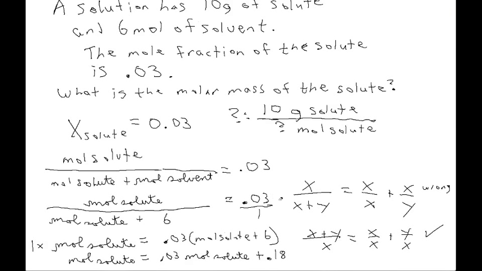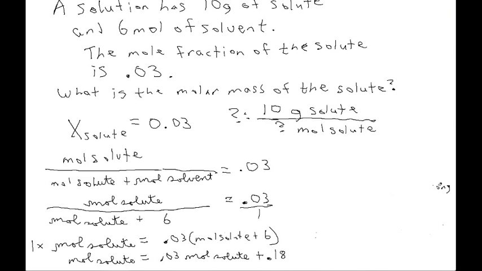Actually, no, 1 minus 0.03 is 0.97 moles of solute is equal to 0.18, and then divide by 0.18 moles of solute, and then we get 5.38 moles of solute.